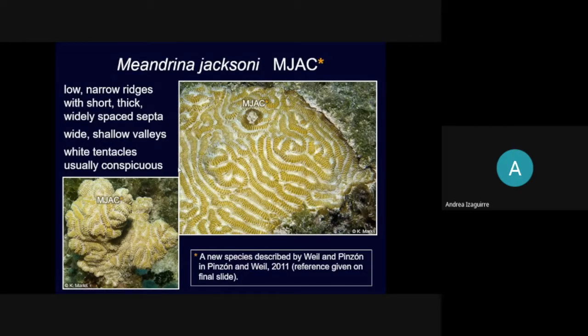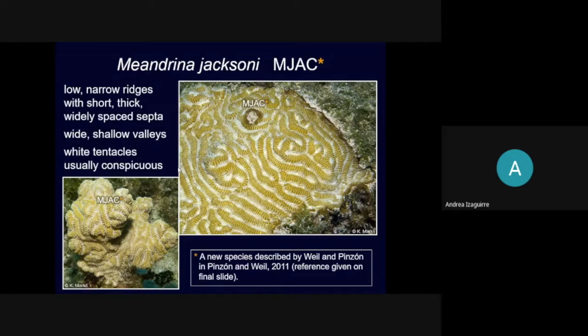Then we're going to be looking at our Meandrina jacksoni. And our Meandrina jacksoni is going to be kind of a smaller version of our Meandrina meandrites. And by that, I mean it's going to have smaller walls and it's going to have wider valleys.